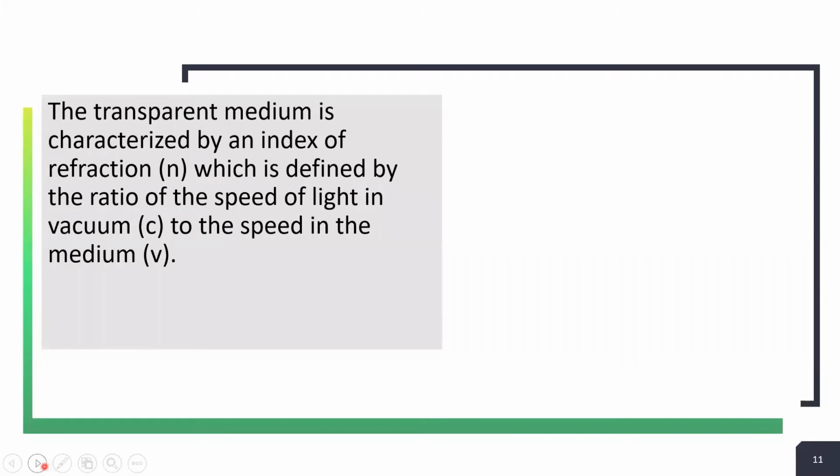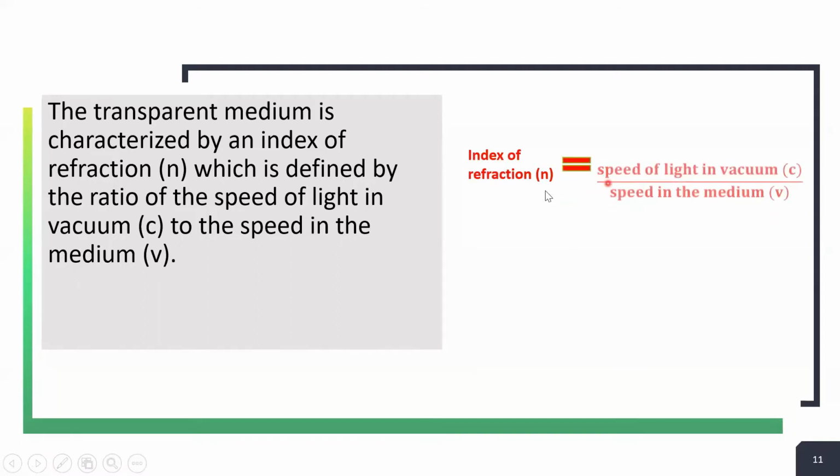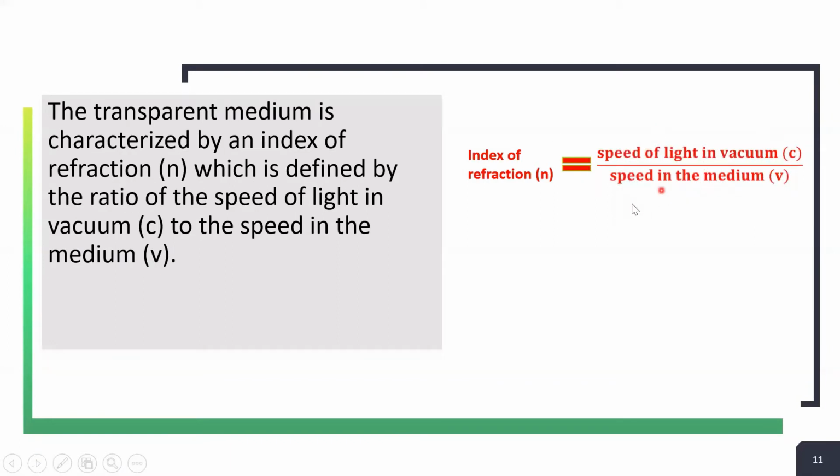A transparent medium is characterized by an index of refraction, or letter N, which is defined by the ratio of the speed of light in vacuum, or letter C, to the speed in the medium or material, or letter V. So the index of refraction equals the speed of light in vacuum over the speed in the medium.